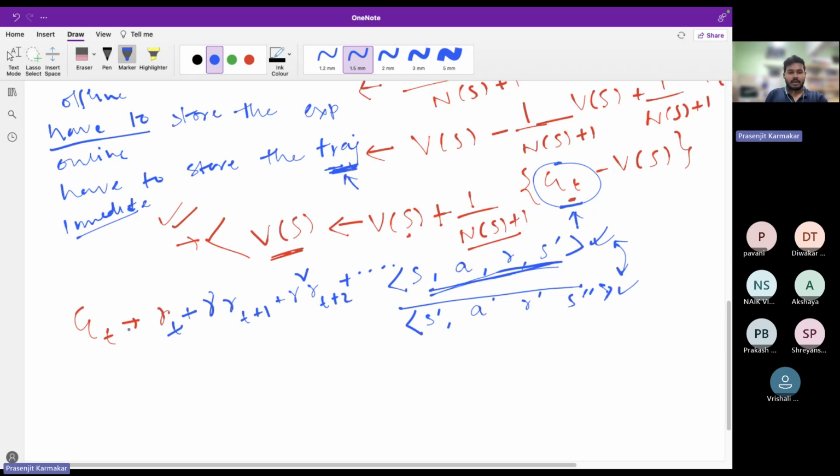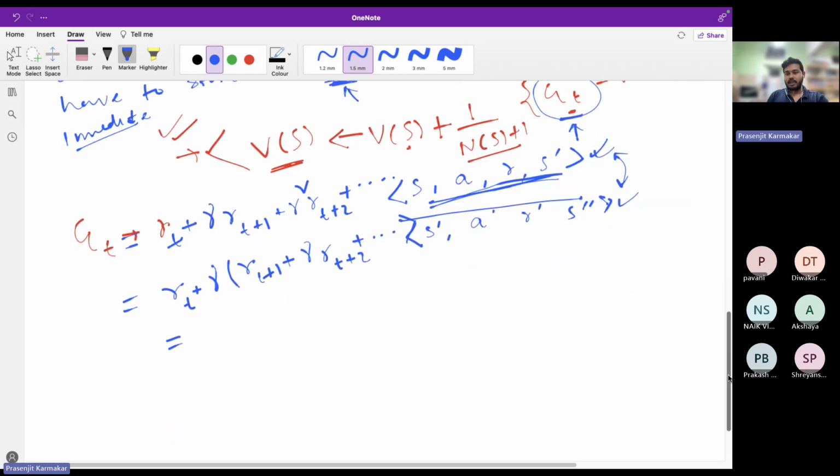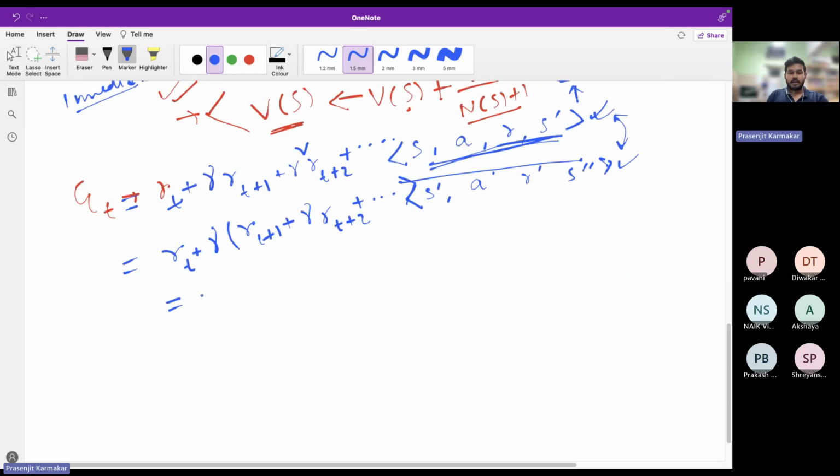Now I can also write it like R_t plus gamma will be common, R_{t+1} plus gamma R_{t+2} plus dot dot dot. So eventually I can write it as R_t plus gamma G_{t+1}, right?